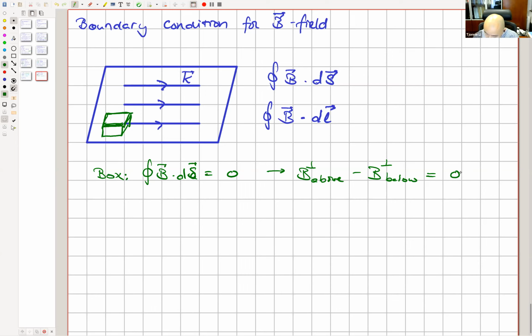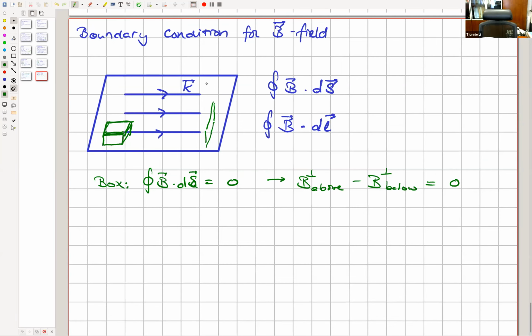Now, in a loop sense, I can actually build two loops. I can have the loop cut through like this. That's one loop, in which case the current is piercing through the loop.